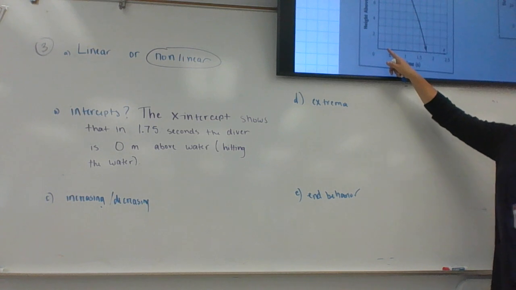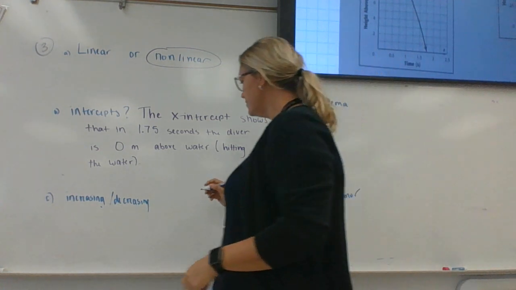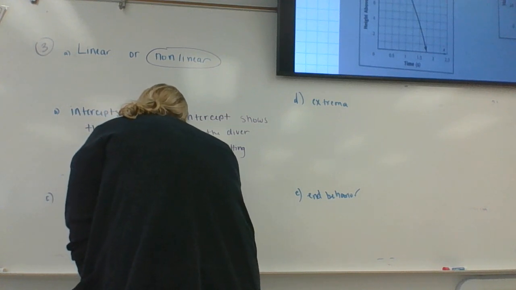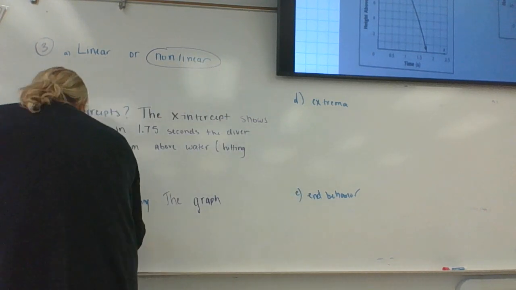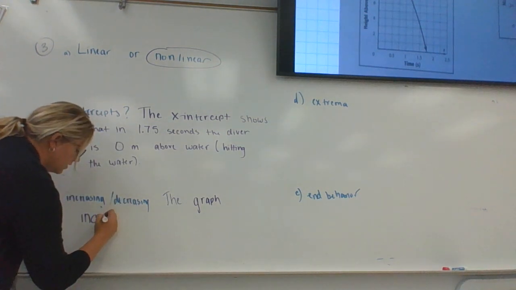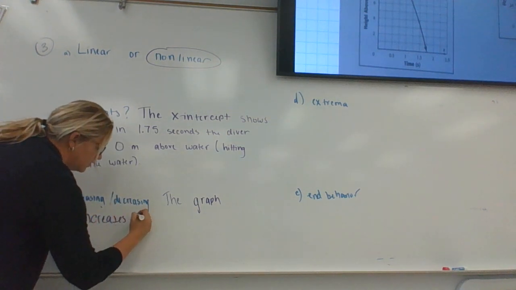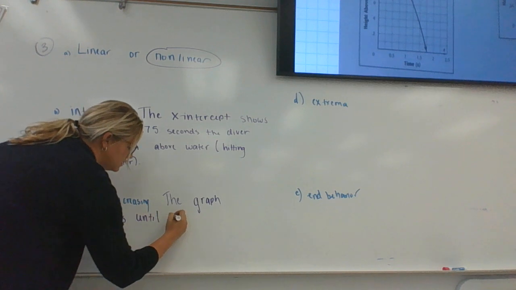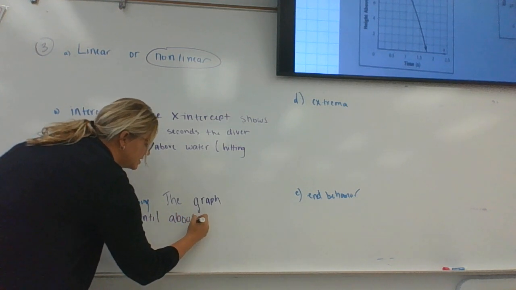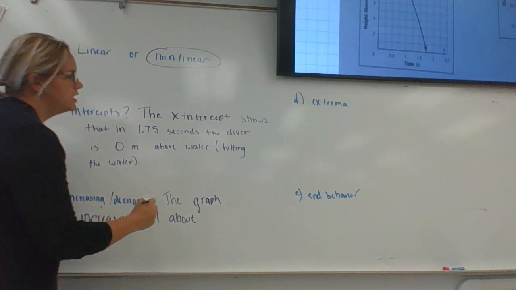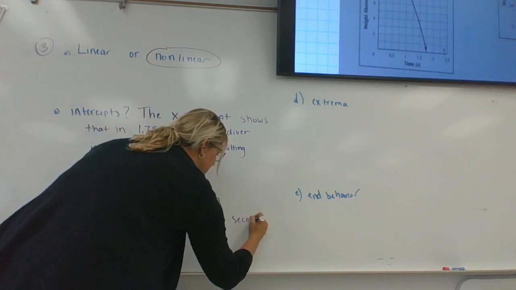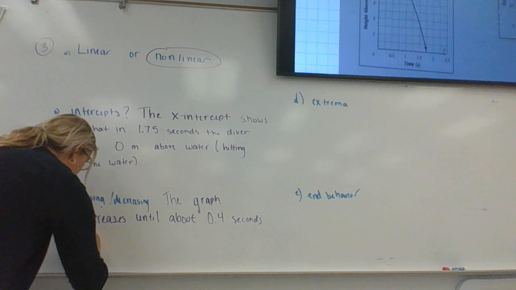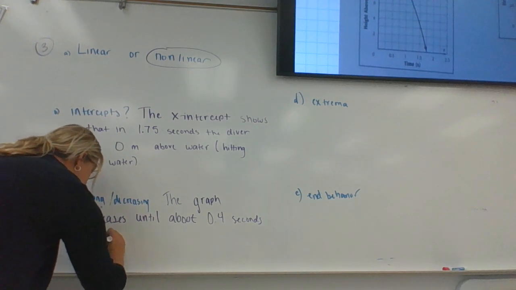That's how long the diver goes up before it turns back down. So in a complete sentence, the graph increases until about, I say about because I don't know for sure, 0.4 seconds. Then decreases.